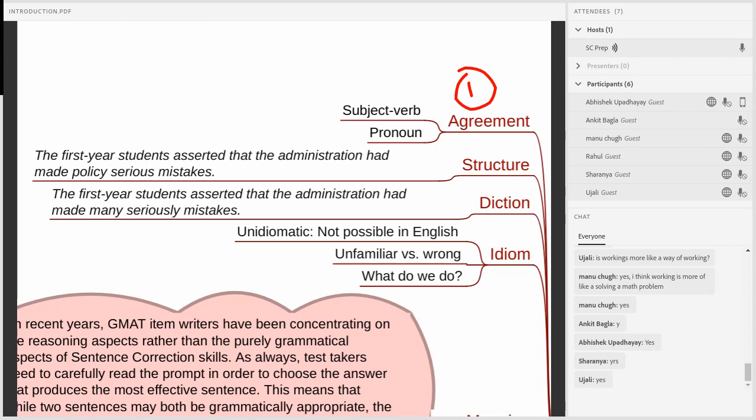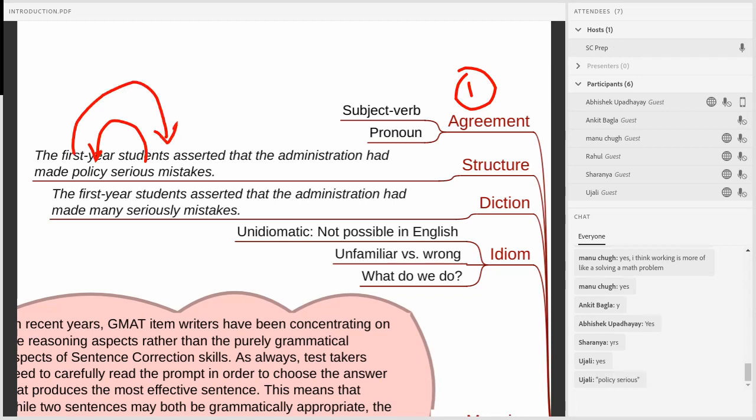It's very hard to memorize a rule regarding something like this. But let's be very clear. What is the error? The error is the order of words. Yes, policy serious. Exactly. It's the order of words.